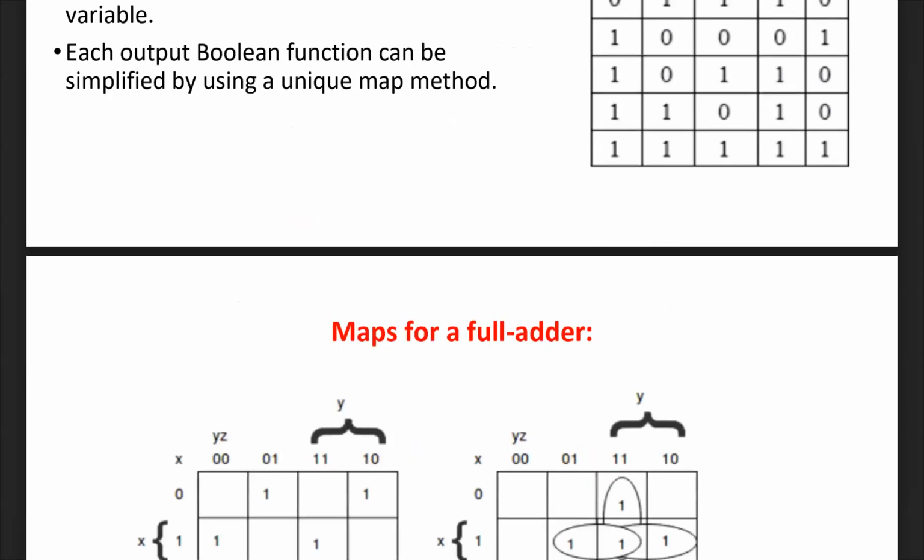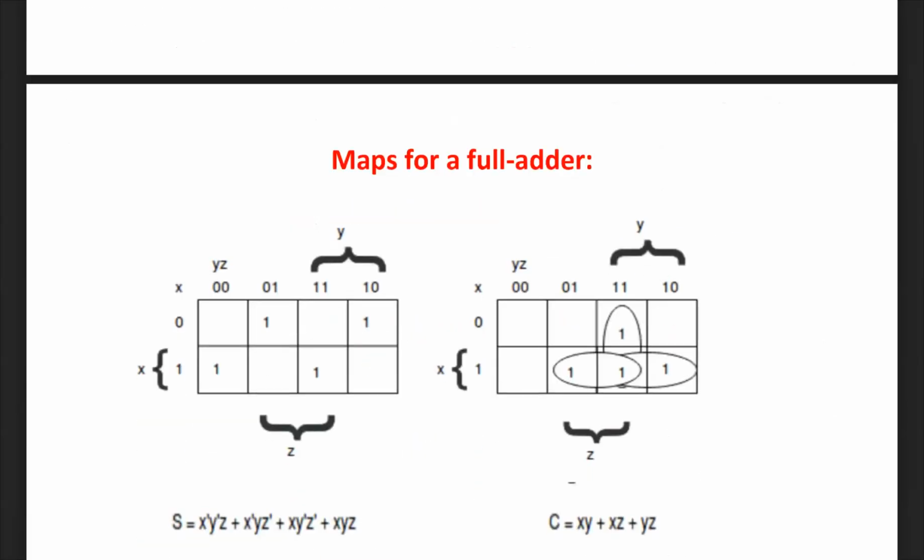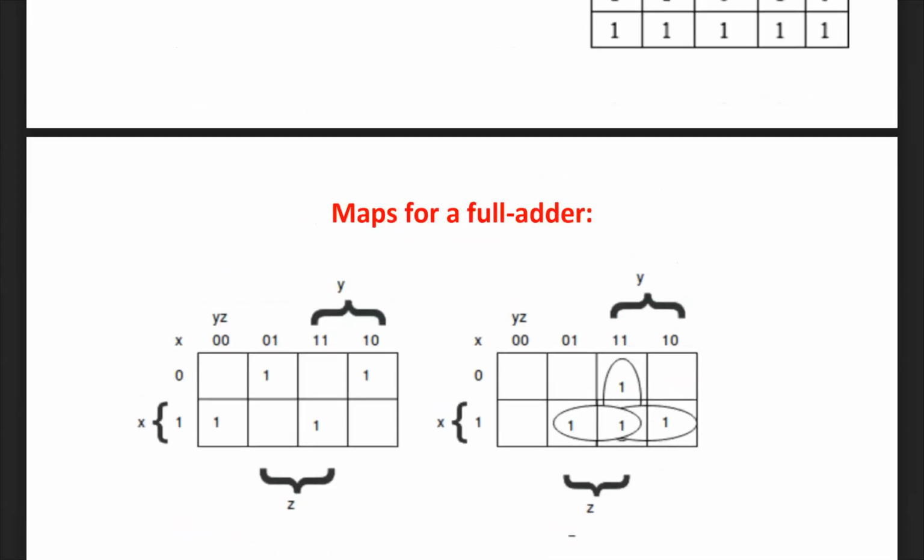Okay. So now just see your K-map. Here, instead of x, y and z, they have taken x, y, z.